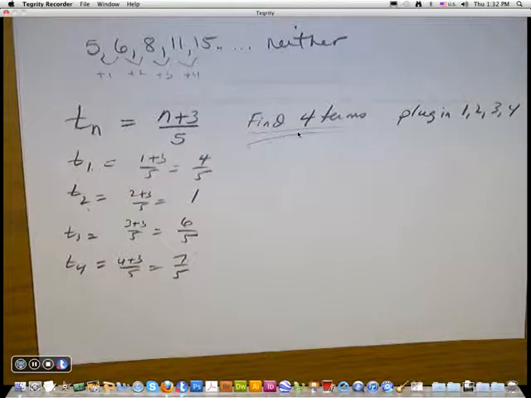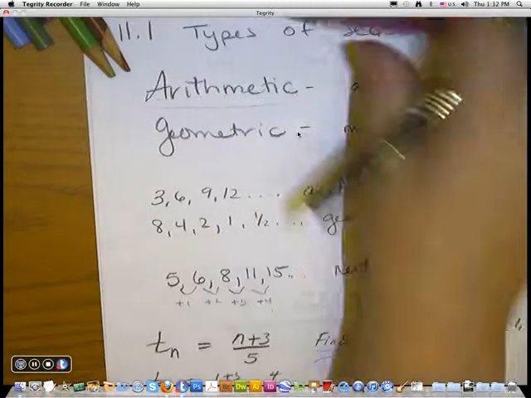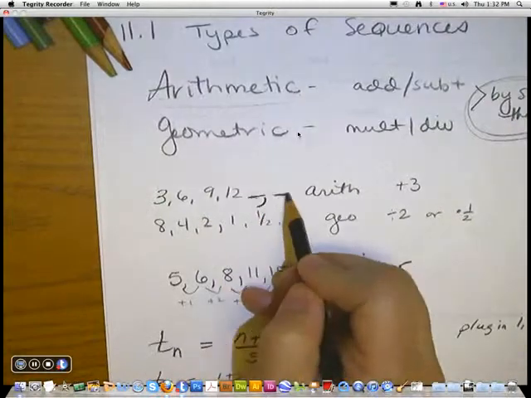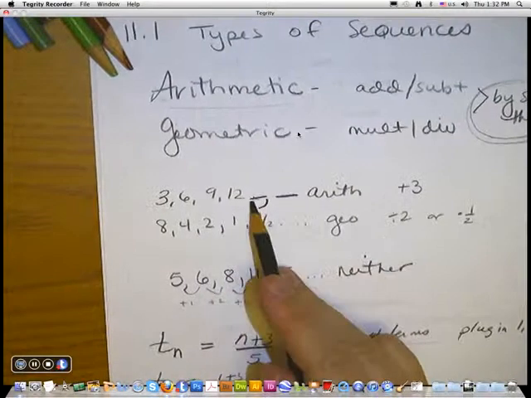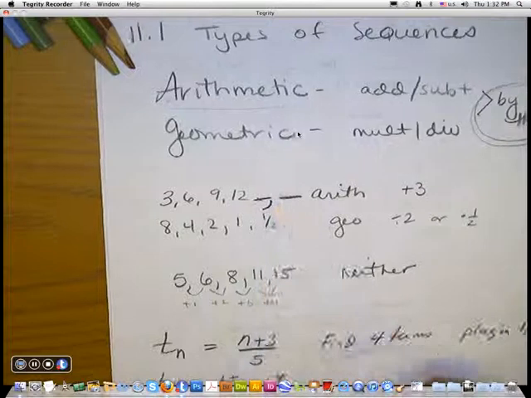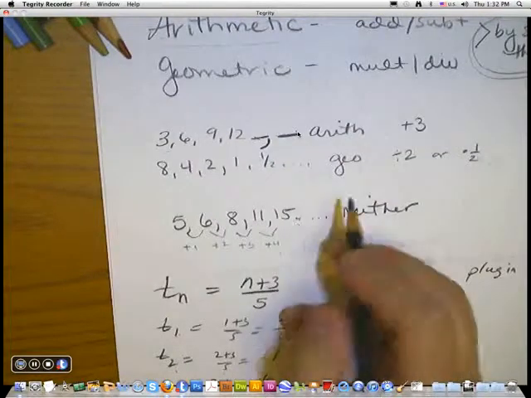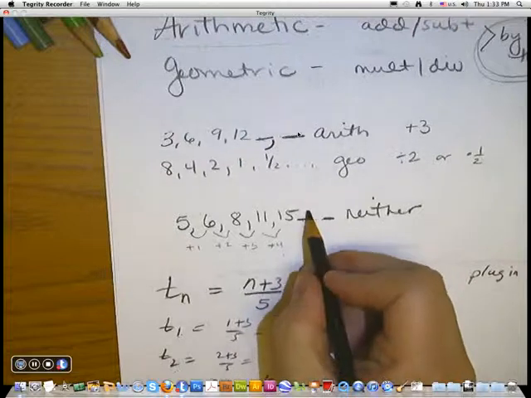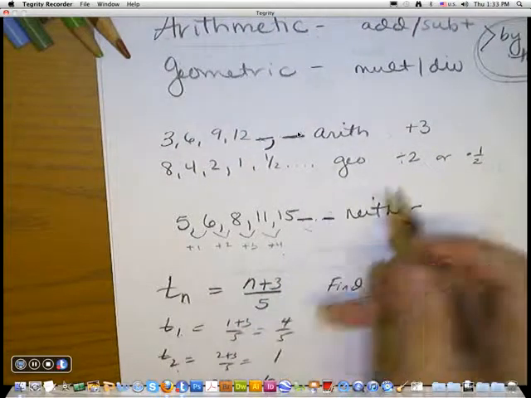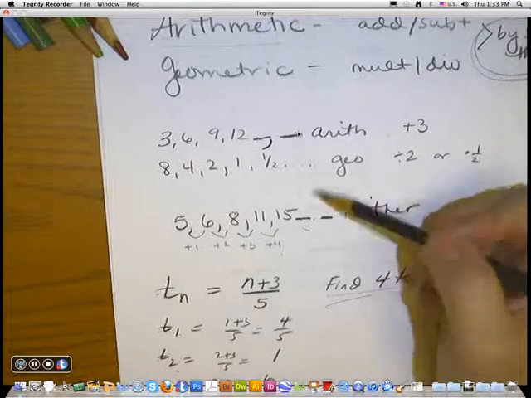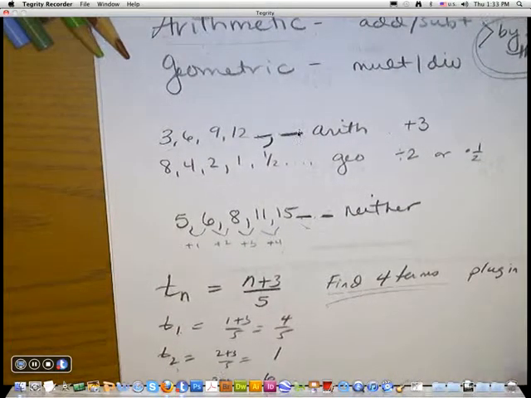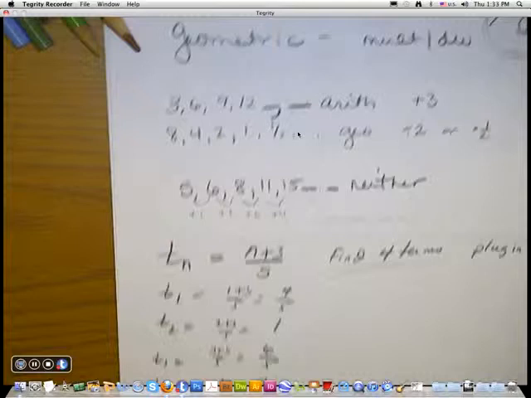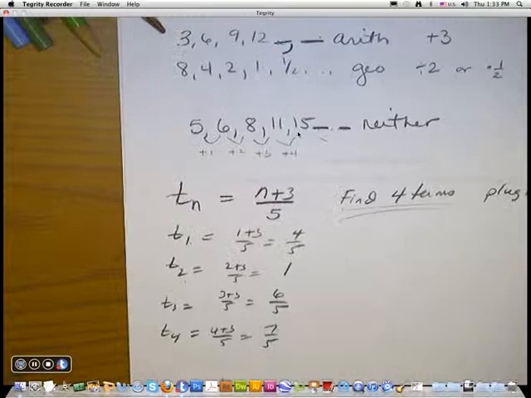You will be asked to maybe give the next 2. So like if I said, give the next 2, you should be able to say, oh, it's 15 and 18. Even on this one, you should be able to go, okay, I'm adding 5, so it's going to be 20, and then add 6 is 26. So be prepared to give the next 2 or 3 in a pattern as well.